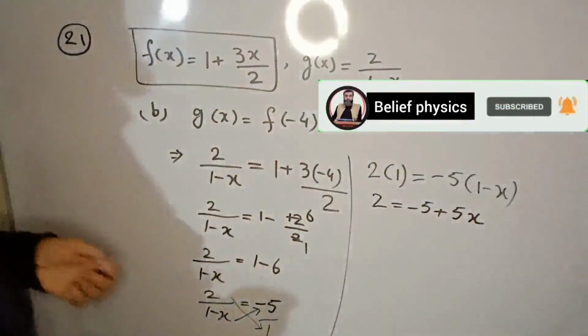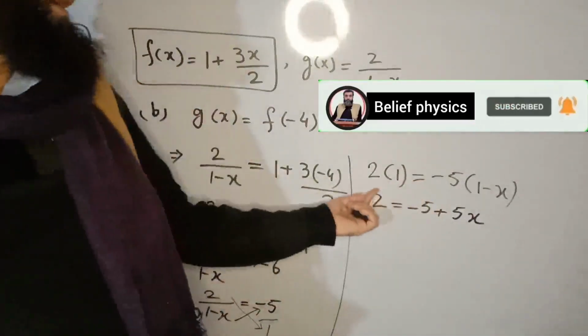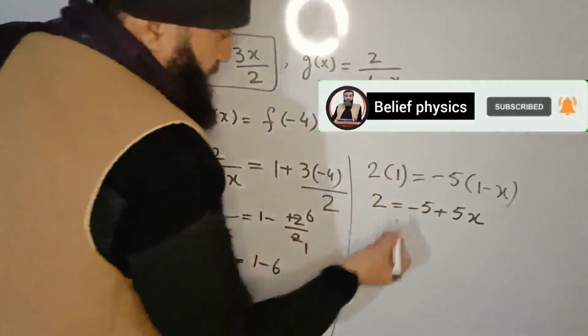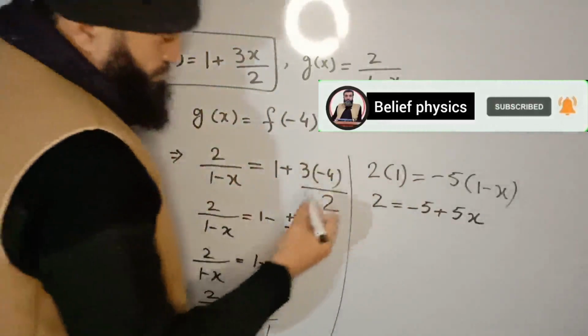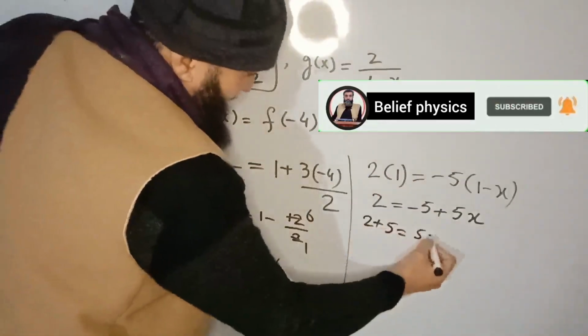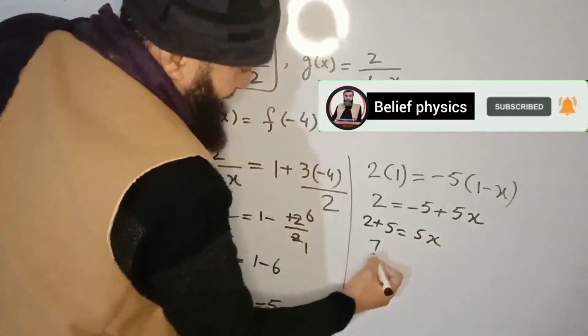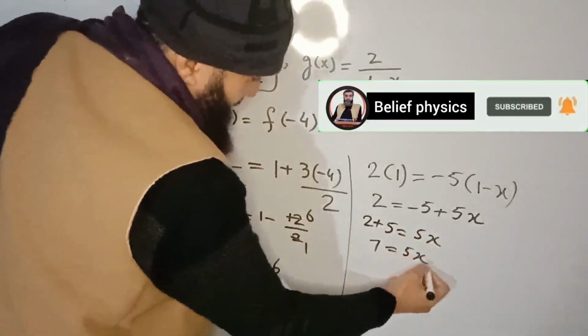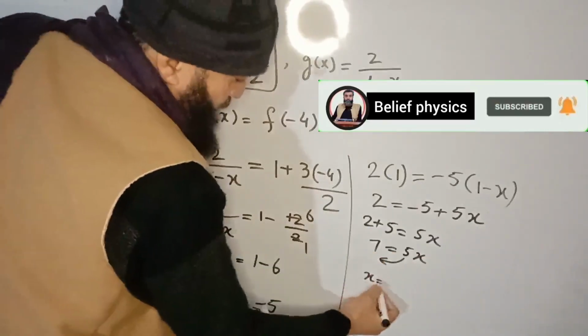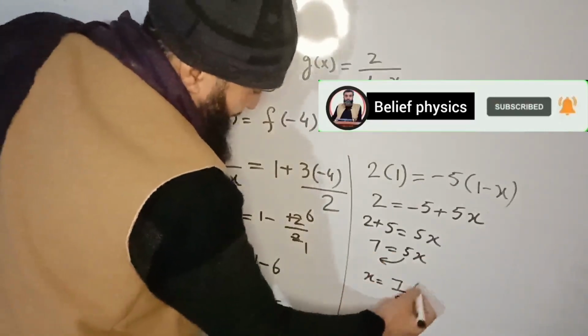Or you can take 5 here initially and then solve it. It is up to you. Okay, I solve it like that. I will solve it both ways. 2 plus 5 is equal to 5x. So 2 plus 5 is 7. 7 is equal to 5x. Shift 5 here, it will be divided. So x will be equal to 7 over 5. This is your answer.